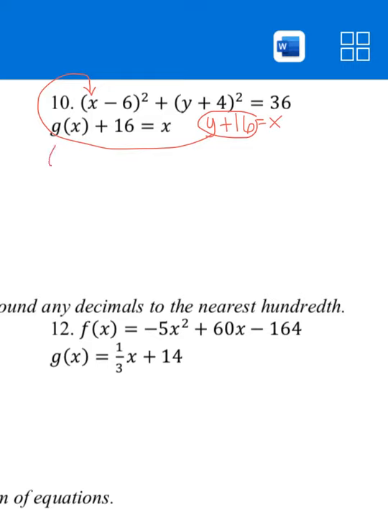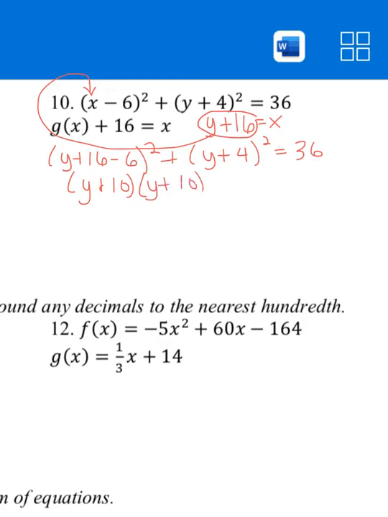So this is now y plus 16 minus 6 squared plus y plus 4 squared equals 36. So y plus 16 minus 6, that's y plus 10 squared, so you can write that as y plus 10 times y plus 10, plus y plus 4 squared is y plus 4 times y plus 4 equals 36.